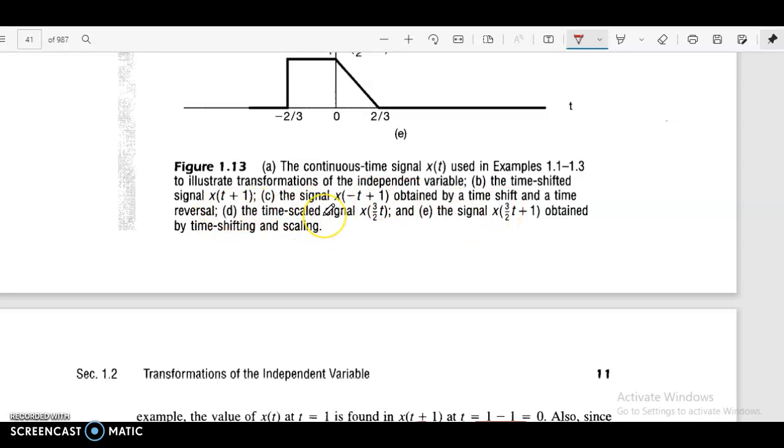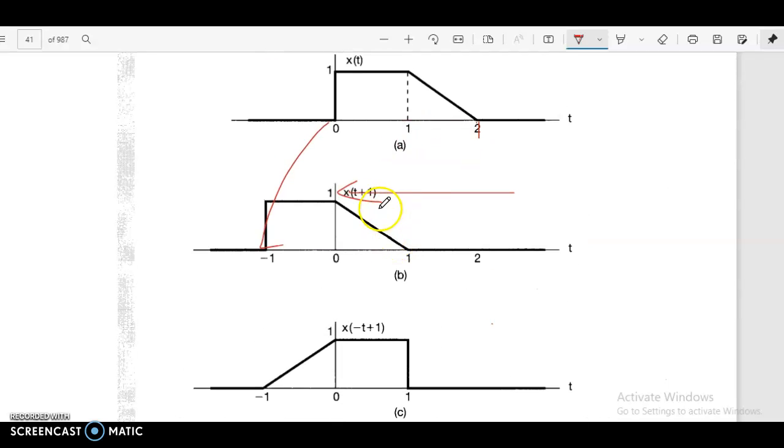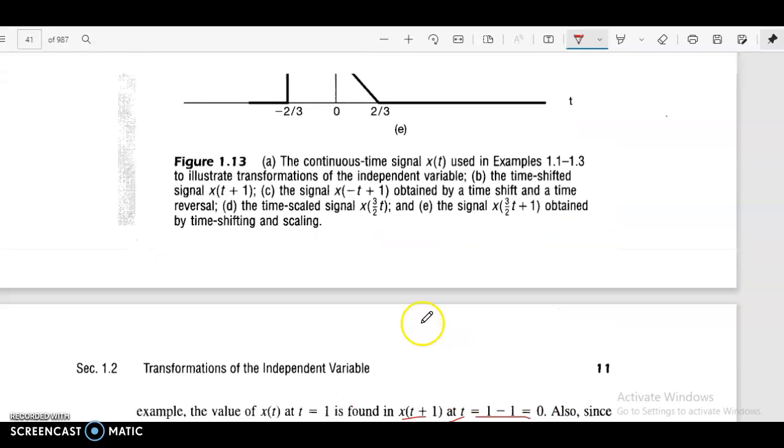C, the signal x of minus t plus 1 obtained by time shift and time reversal.